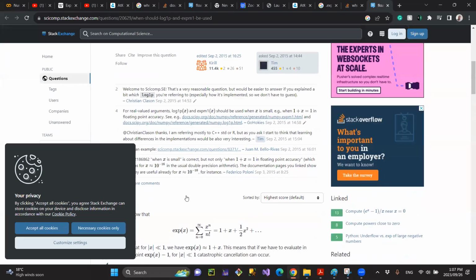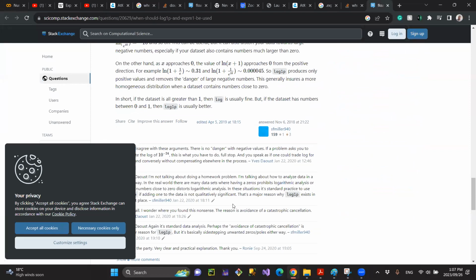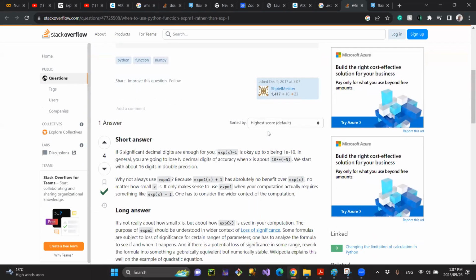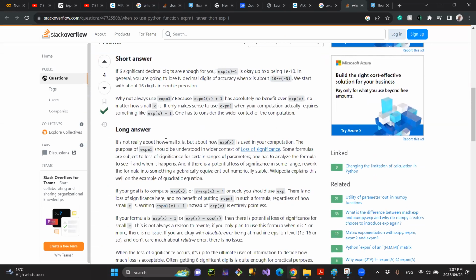And the answer mentioned specifically that after 6 digits it shows. Anyway, just try it. Short answer: if 6 significant decimal digits are enough for you, this one is okay. Otherwise, you need to use expm1, right?